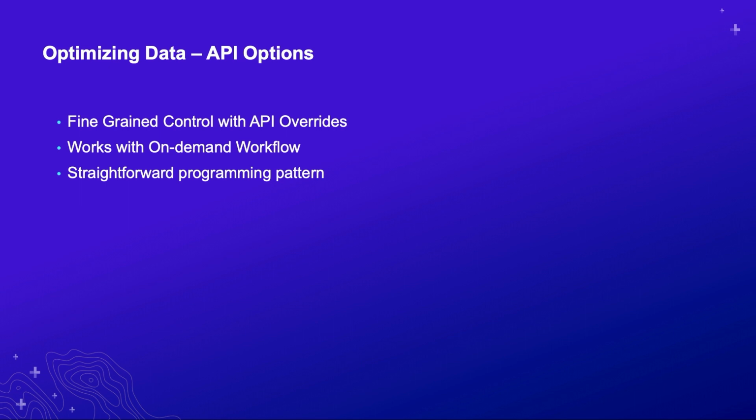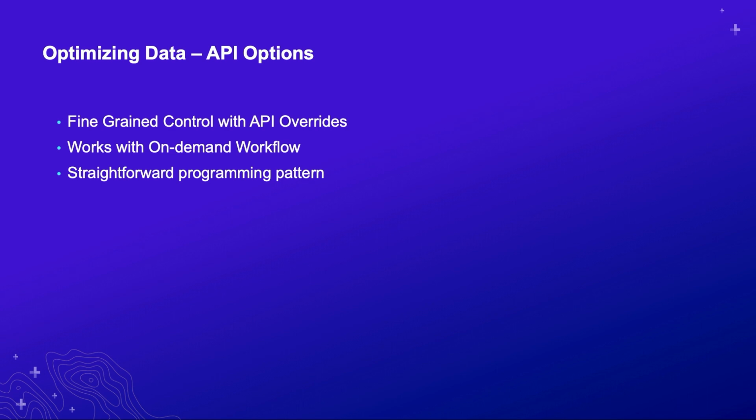But when you've got specific workflows or you want to really optimize to the utmost, you have fine-grained control using API overrides. And these allow you to override certain aspects of the offline data flow and really give you fine-grained control down to the individual layer types, how they behave, etc.